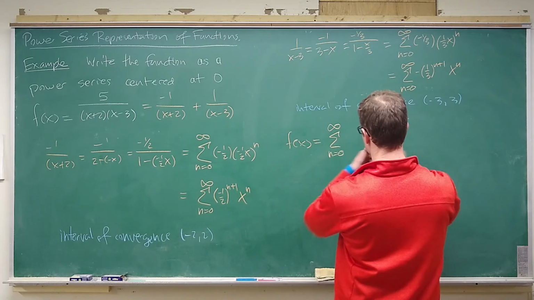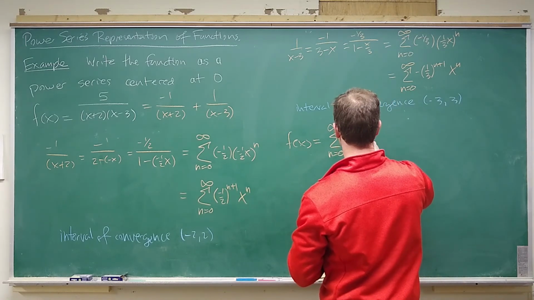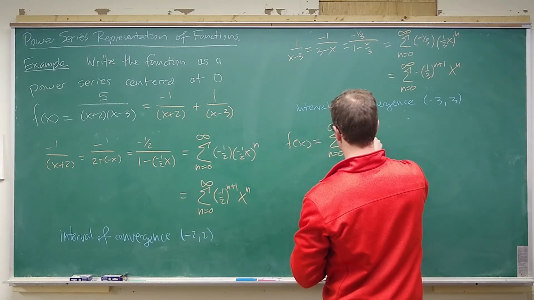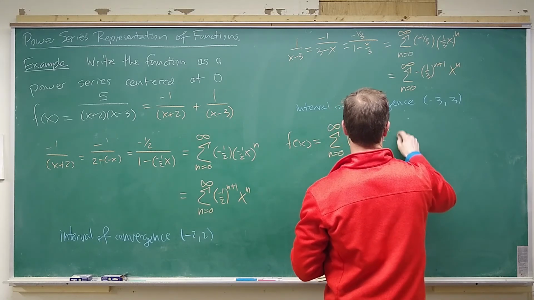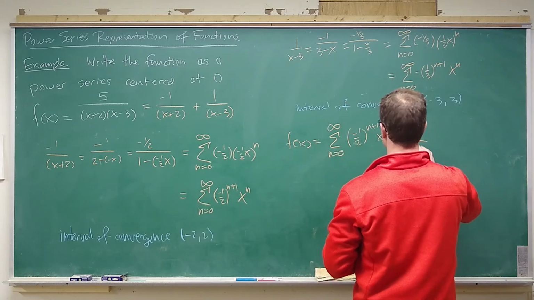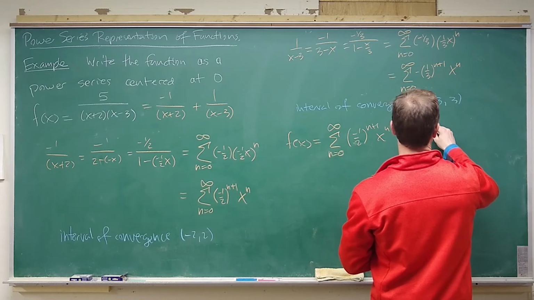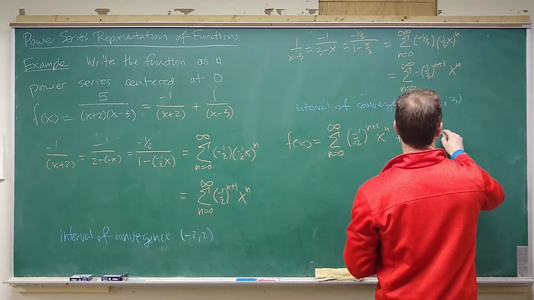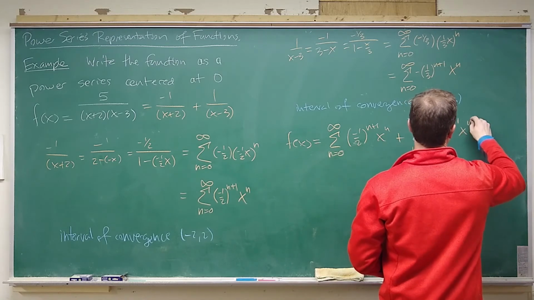And I can write these out separately and then combine them, and that would be fine. So I'll do that. -1 over 2 to the n plus 1 times x to the n, plus the sum from n equals 0 to infinity of the negative of 1/3 to the n plus 1 times x to the n.